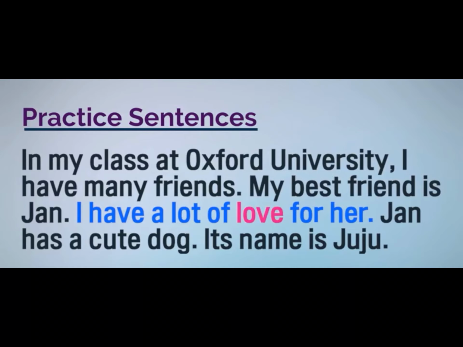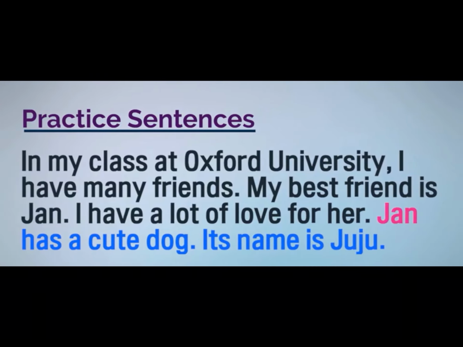What noun can you see in this sentence? I have a lot of love for her. What noun can you see? Yes, it's love. Remember the abstract noun that we talked about earlier? Yep. So this is the abstract. We cannot see it, we cannot feel it, we cannot smell it, taste it. So love here is an abstract noun.